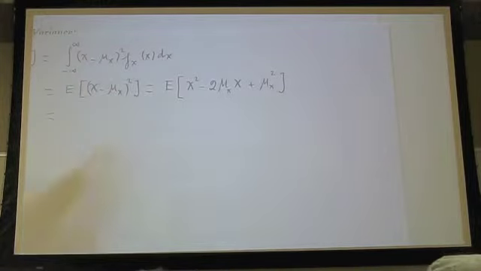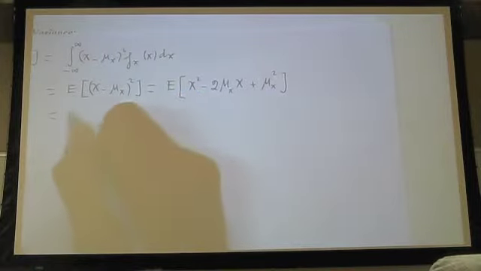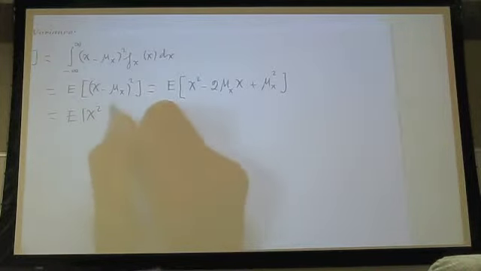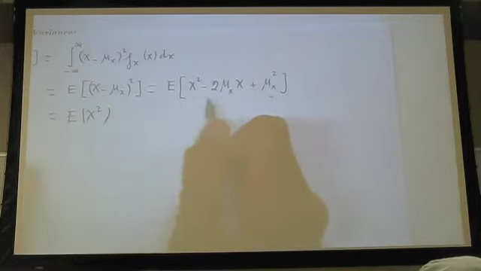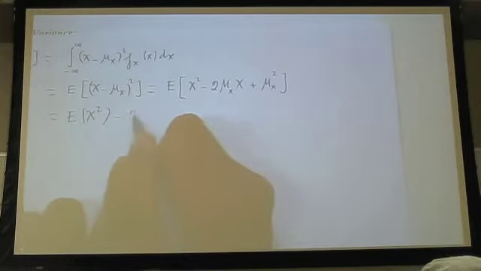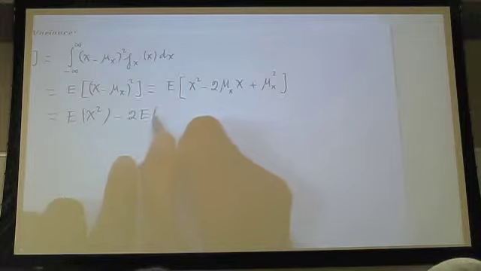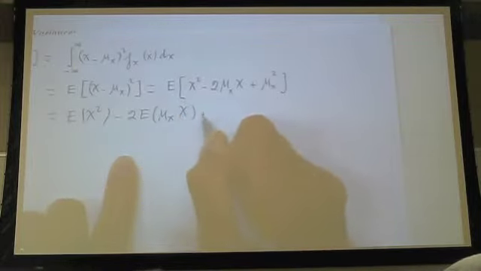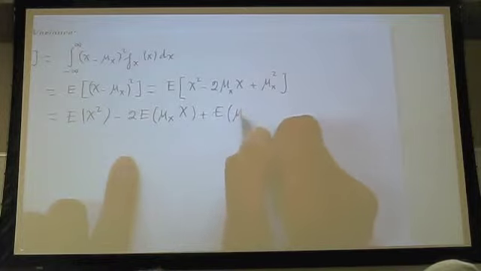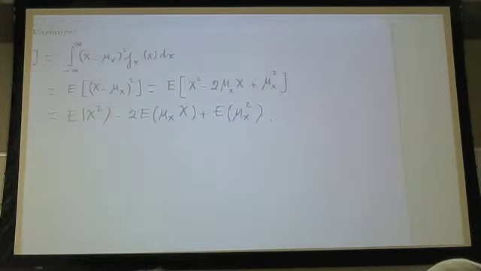So the expected value right here, I can just calculate the expected value of x squared, agree? And then plus this one, so I have minus 2 times the expected value of mu x times x, plus the expected value of mu x squared, agree?